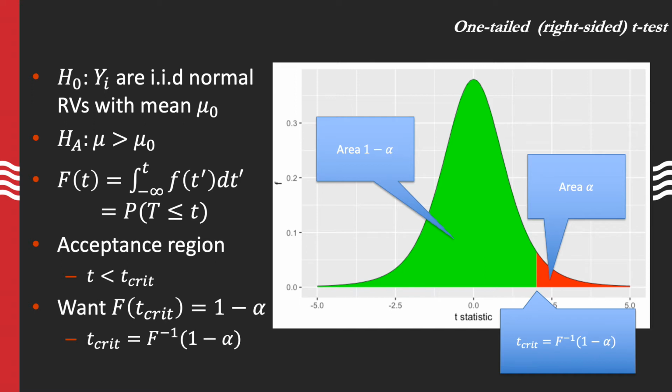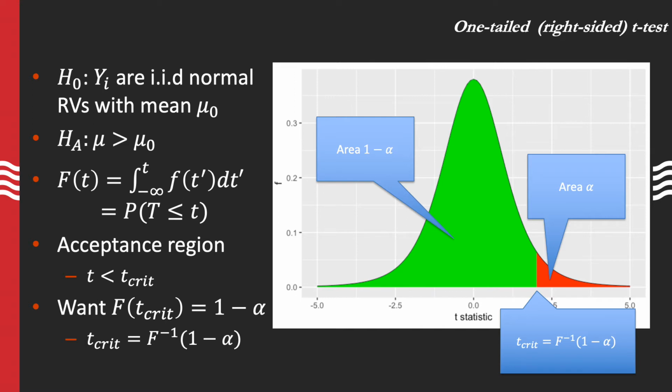And because capital F happens to be invertible for a t-distribution, t-crit can be written as the inverse of F of 1 minus alpha. The inverse of F is sometimes called the percentile point function or the quantile function, or some people just call it the inverse CDF. I'm denoting it by F to the -1 here.